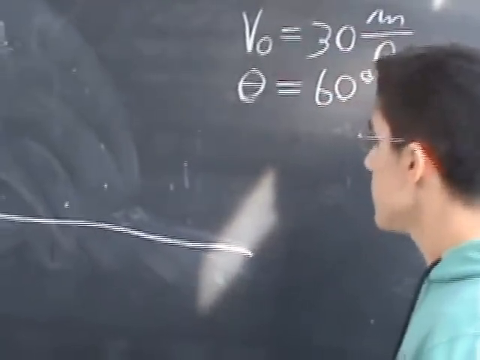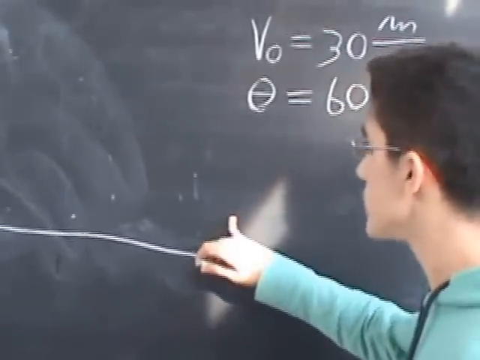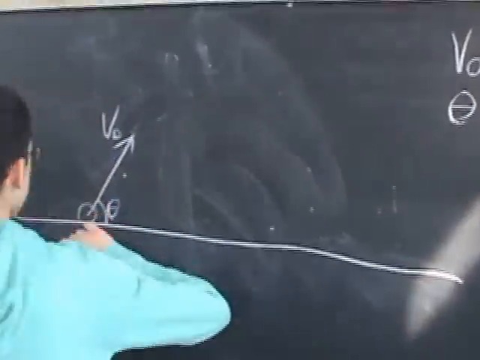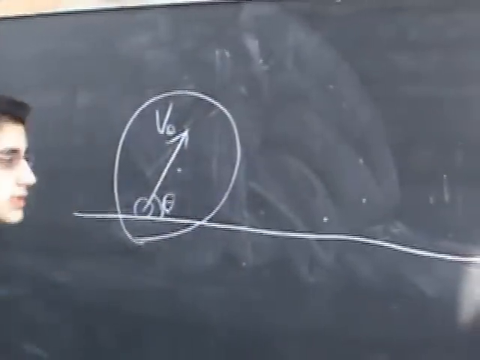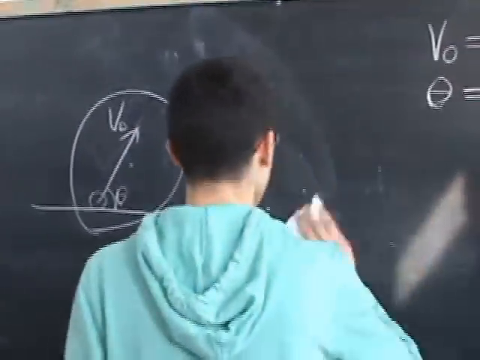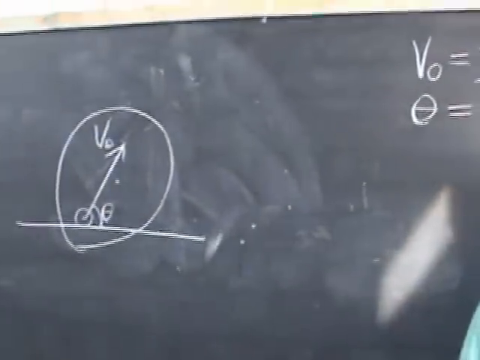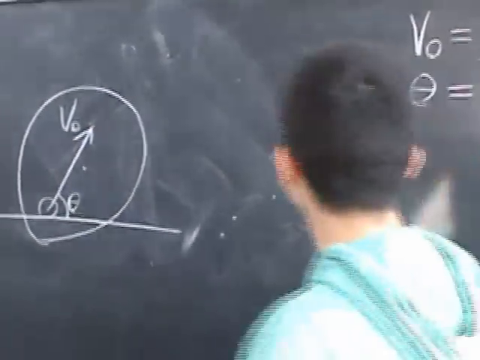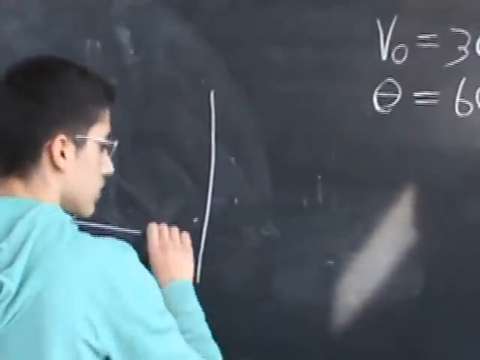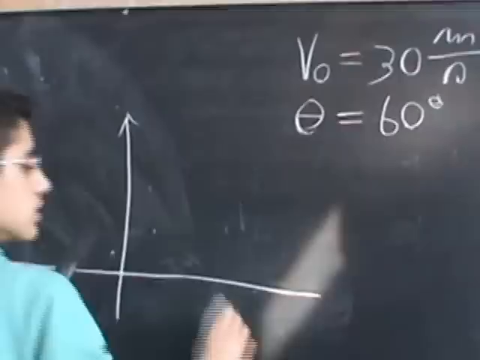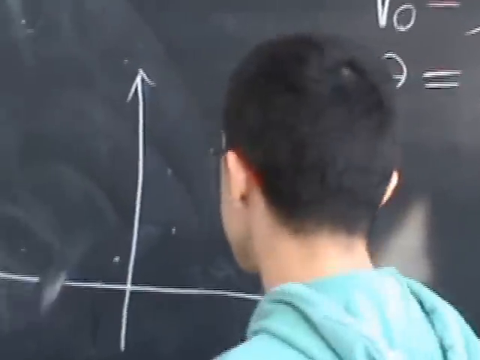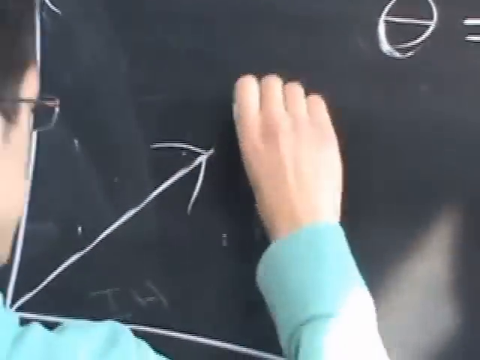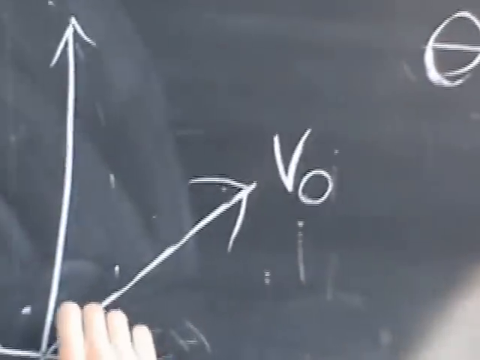So we must keep in mind that in order to solve these problems, we should keep an eye on the initial situation. In this case, we are going to resolve this vector v sub 0 into its components. So we take our coordinate system and our vector. This is v sub 0 and this is theta.